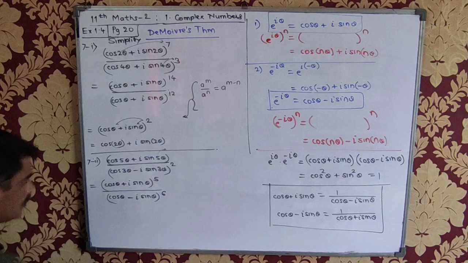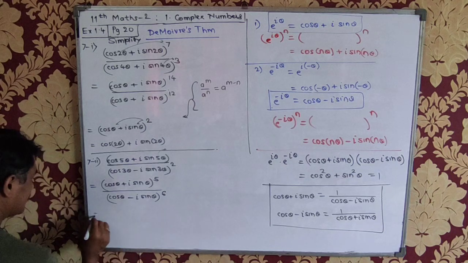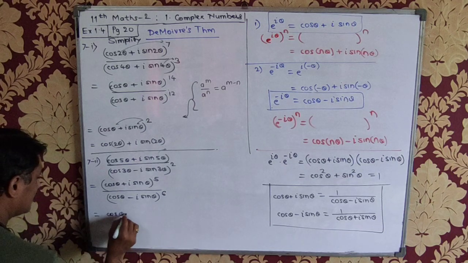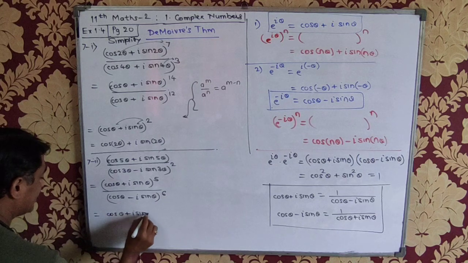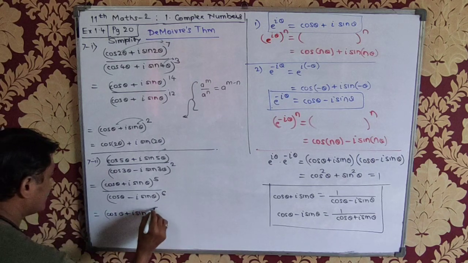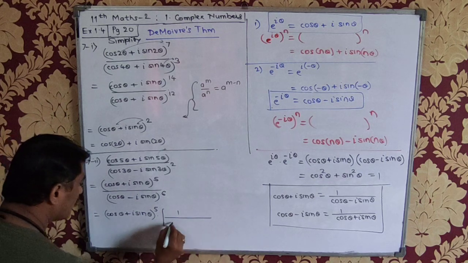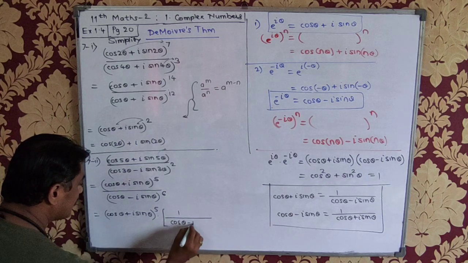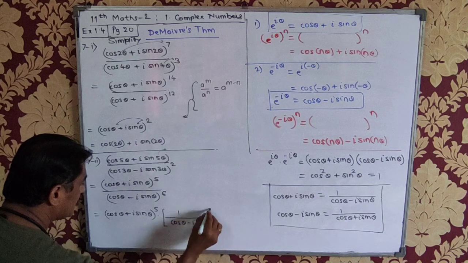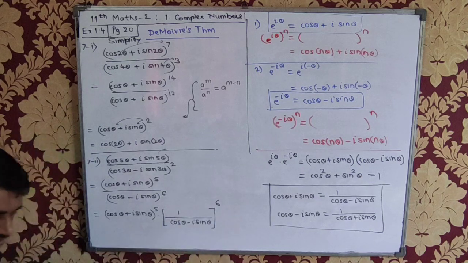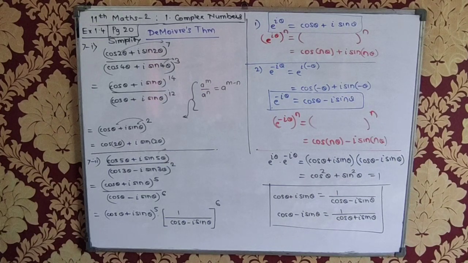Okay, now I'll rearrange this. You see, (cos theta plus i sin theta) raised to 5 into 1 upon (cos theta minus i sin theta) raised to 6. Can I say so? Okay? How do I simplify this now?